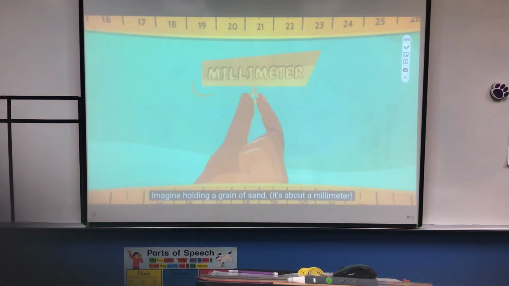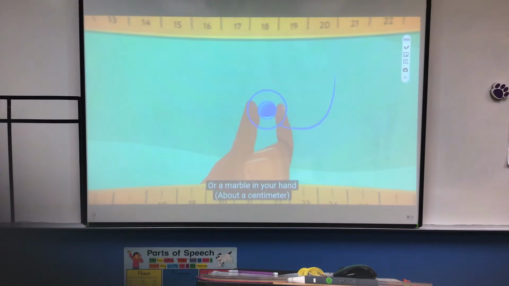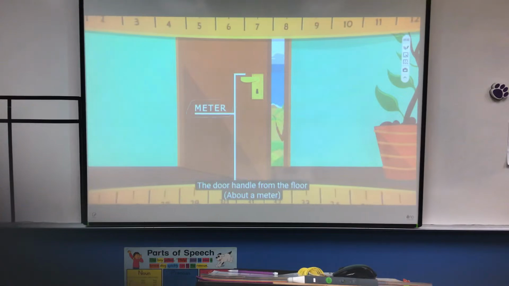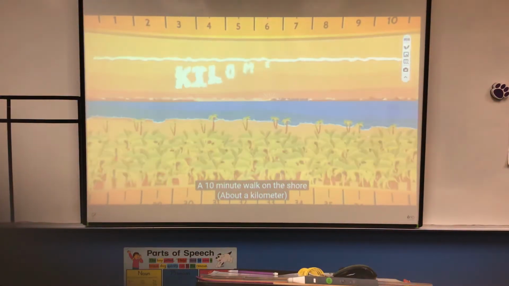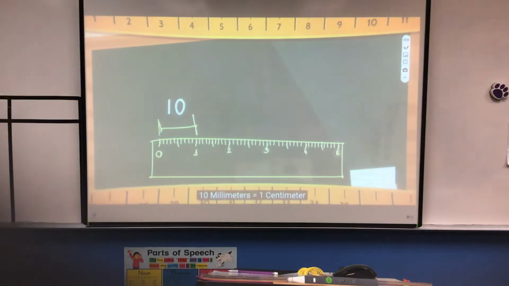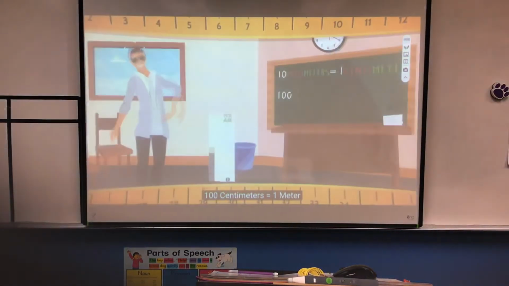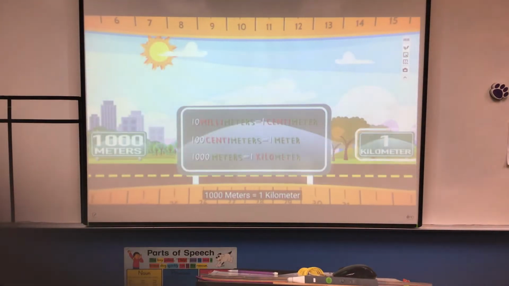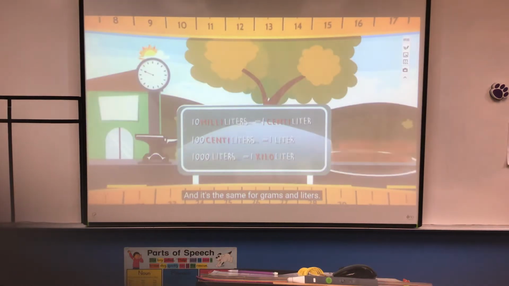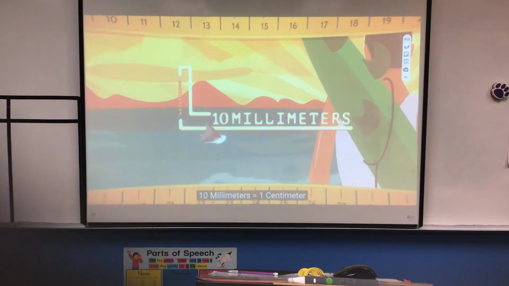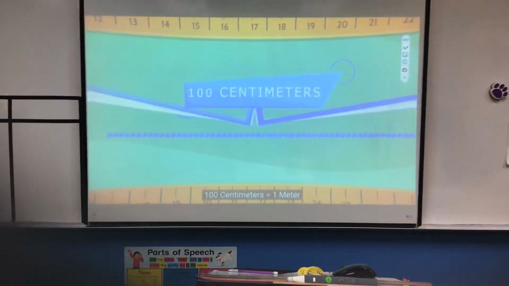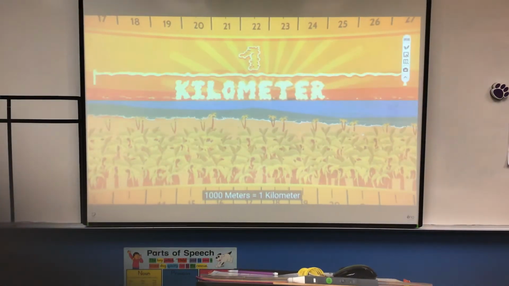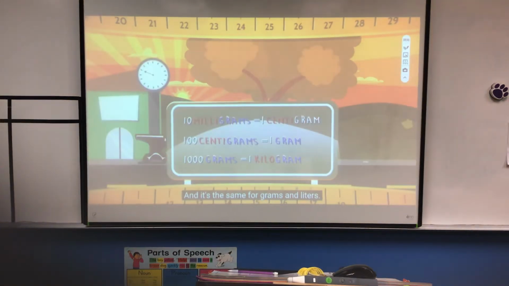Imagine holding a grain of sand, or a marble in your hand.